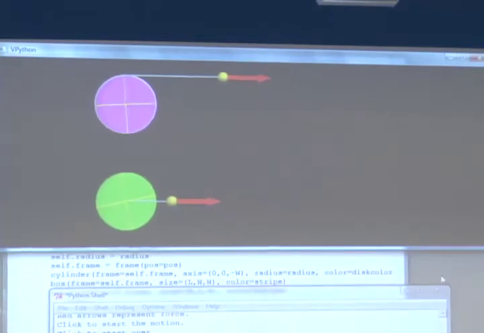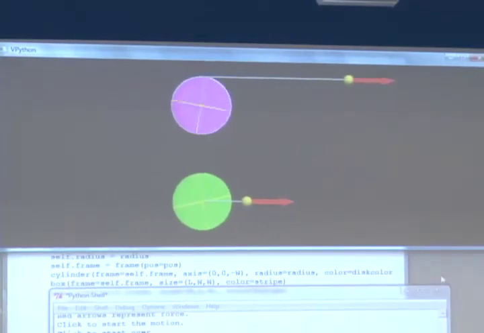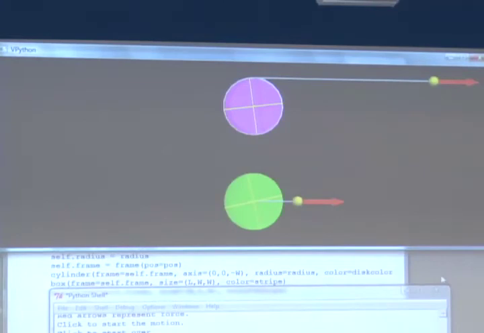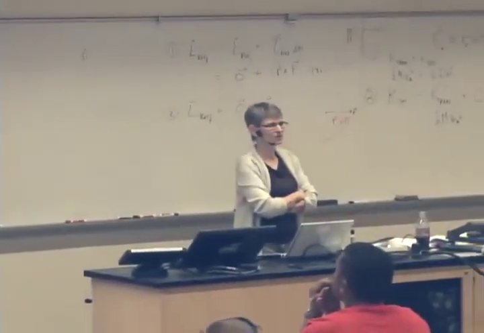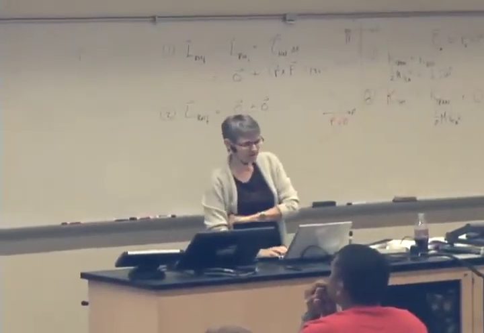So the string is paying off the top puck. And it started rotating. They did move at the same rate. Was the amount of work done the same? They moved the same amount, but how far did your hand move? You're doing the work. You're pulling. Let's look at it again.